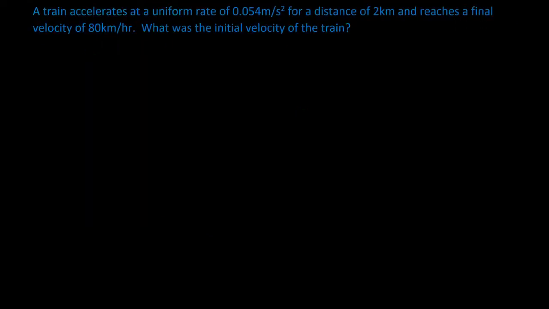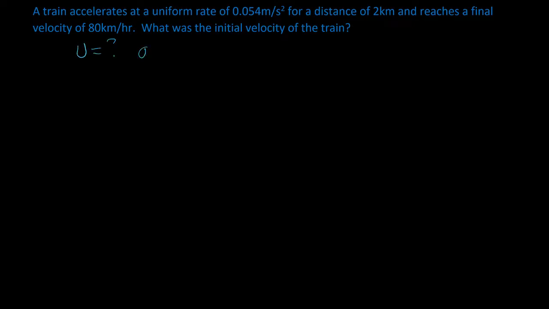Our third example has a train accelerating at a uniform rate of 0.054 meters per second squared for a distance of 2 kilometers, which reaches its final velocity of 80 kilometers per hour. We're being asked for the initial velocity, so we want u.